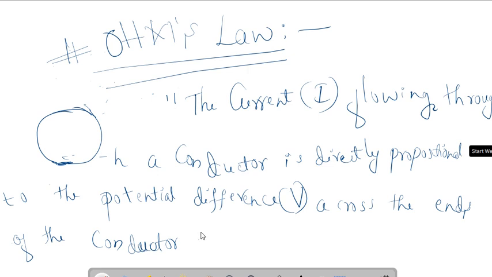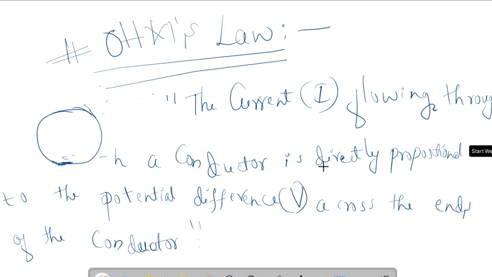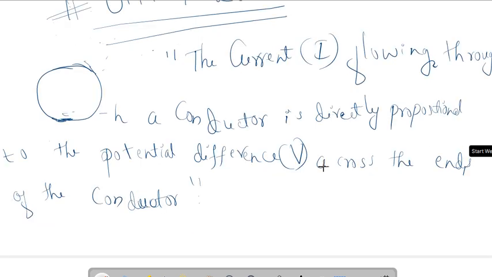It is called Ohm's law, but it has a condition. The physical conditions, like temperature, pressure, strain, etc. of the conductor, must remain unchanged. In simple words, according to Ohm's law, the current I flowing through the conductor is directly proportional to the potential difference capital V across the ends of the conductor.